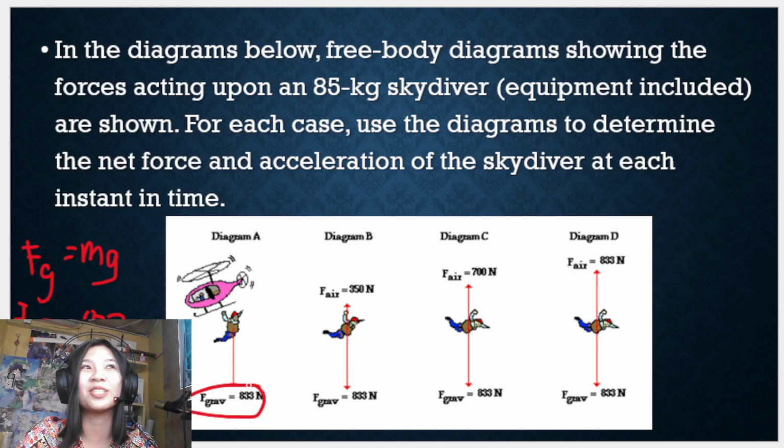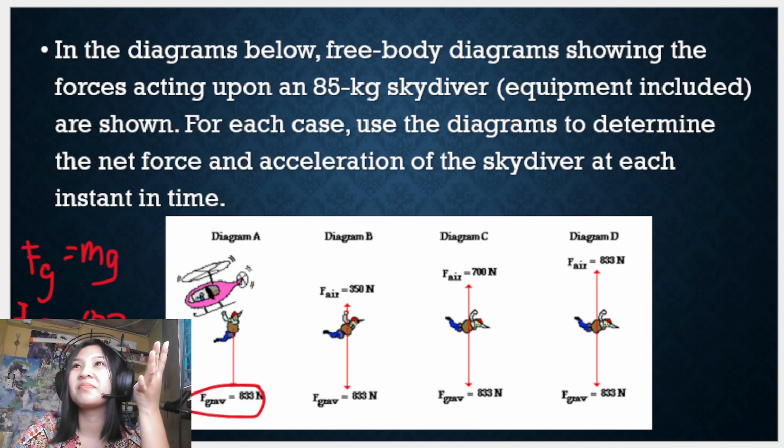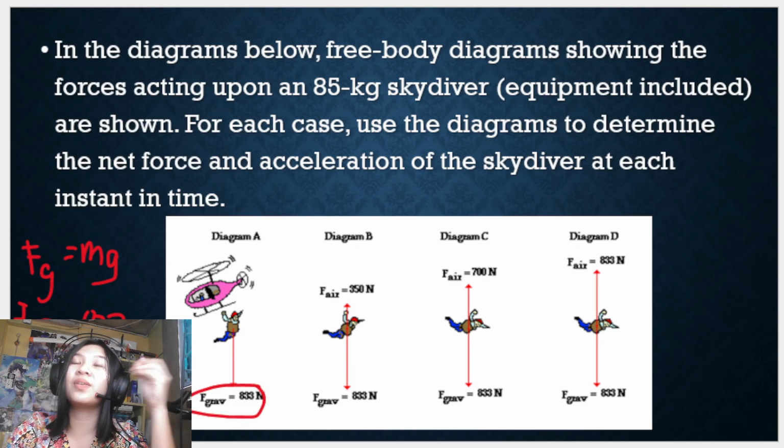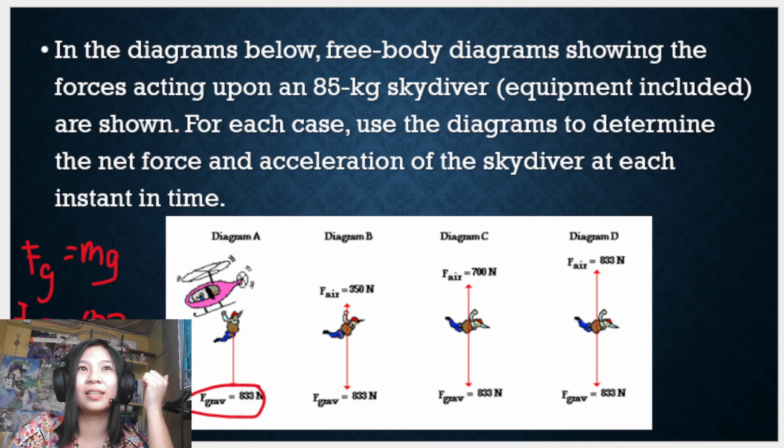So, since the only influence is the gravity, the F net, sorry, the net force of diagram A is the F grav itself. Siya mismo sa F net, wa may lain na pares niya, no? Kaya wala pa may air resistance, kay nag-free fall pa siya, igo pa siya ni ambak sa helicopter.